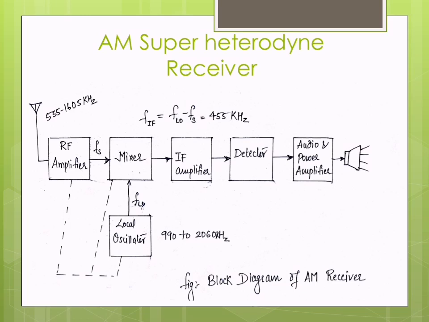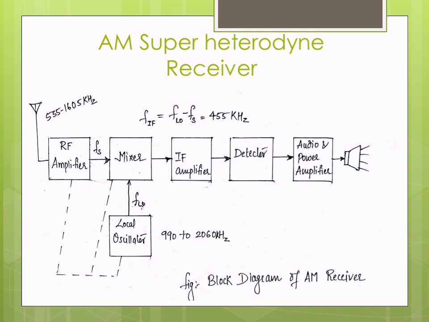The RF amplifier will take only the wanted signal and reject all other signals. That wanted signal is FS. The local oscillator simply generates a signal with frequency FLO, and its range is given here. It is about 990 to 2060 kilohertz.